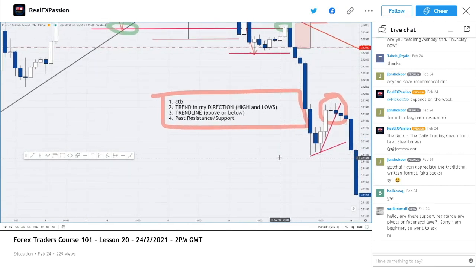And what is happening here for the beginner trader? Oh, but it was a winner. Oh, I should have taken this trade, right? True or true, everybody? As a beginner trader, Fxpassion told me, follow the rules, follow the rules, follow the rules.